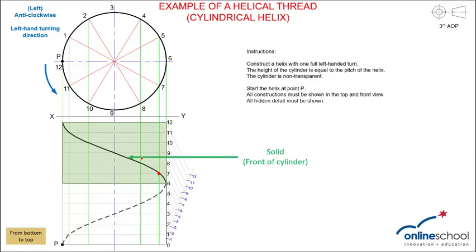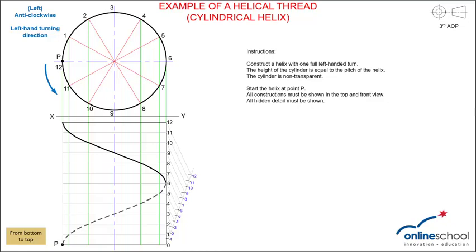We're going to go to each segment as we have projected them down from our top view, then to number 8, which we've also projected down, correlate those reference points with one another, number 10, 11, and finally back to number 12, which is also point P in one full revolution. Here we see the result of our helical thread through one full revolution with a left-handed turn.